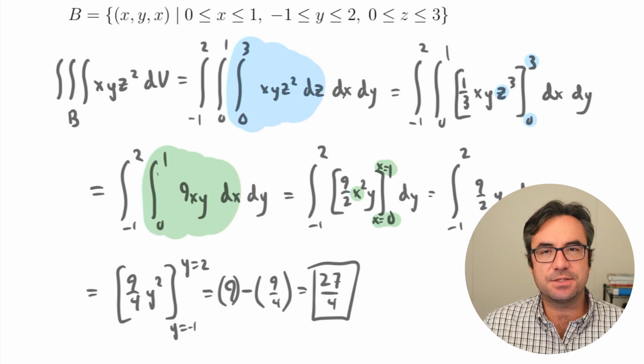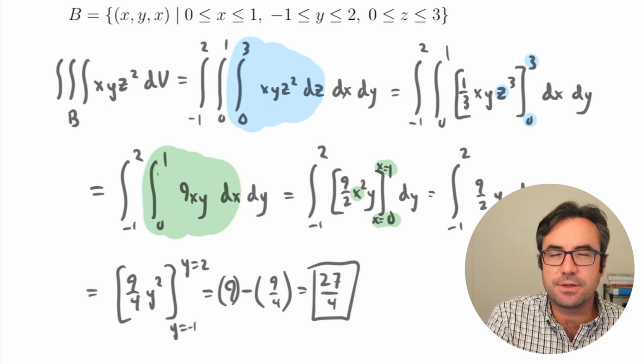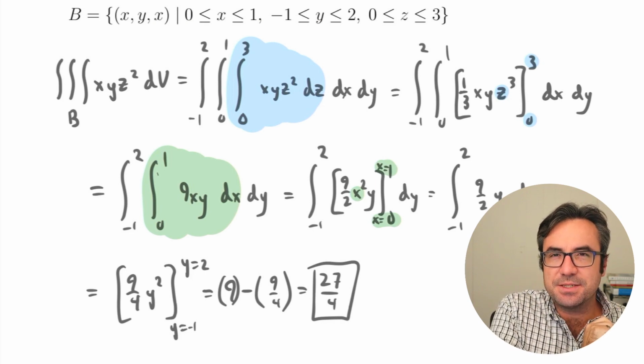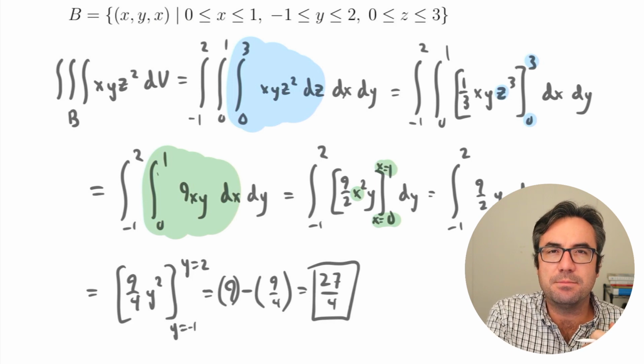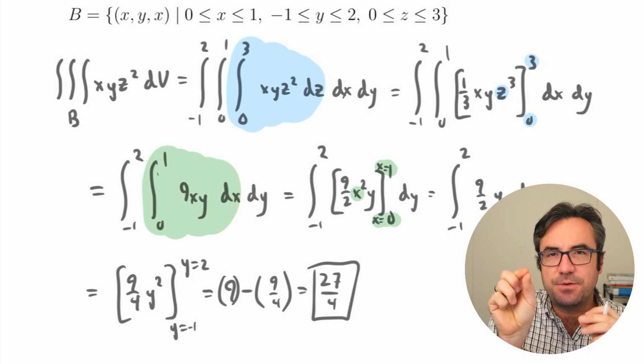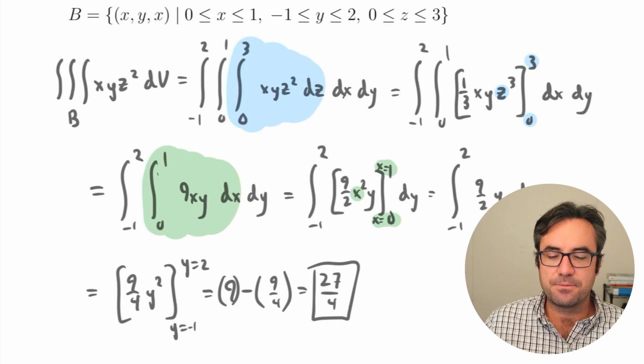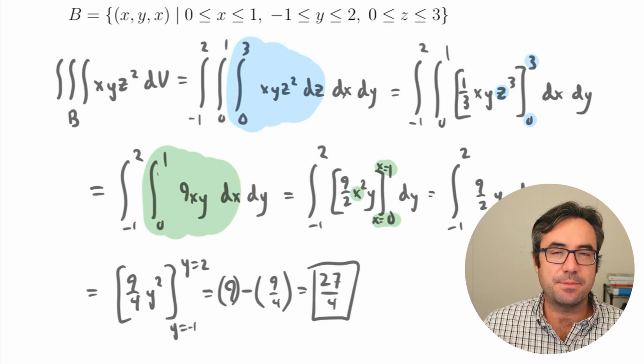So the idea is we slice it up into a whole bunch of little pieces. We figure out the mass for each of those little pieces because they're going to have a more uniform density. And then we just figure out the volume for each of those pieces and then add it all up. And we get the mass. And what we're doing there, without even realizing it, is we're doing a triple integral.